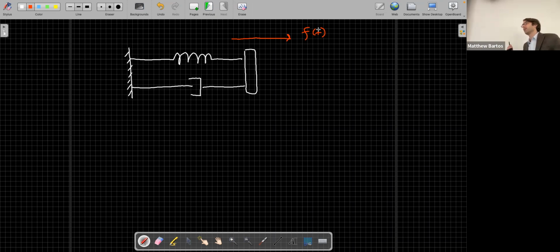The ultimate effect is to cause the system to go back to its reference position. If we're holding it away from its reference position, it will pull back harder the longer that we have held it away. And that's what causes that steady state error to decay to 0.